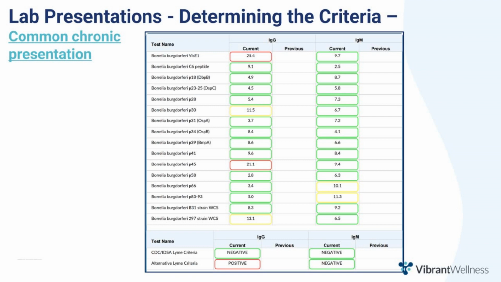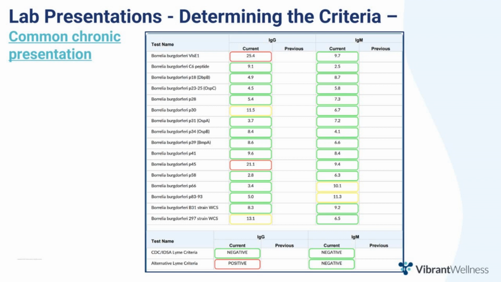We're going to have some persistent IgMs that are going to be moderate, but not enough to get us to a criteria for either CDC or alternative. And then we have kind of a combination of yellows and reds in our IgG that are going to be in the right combination to get us to the alternative Lyme criteria. We still might be negative for our CDC criteria.